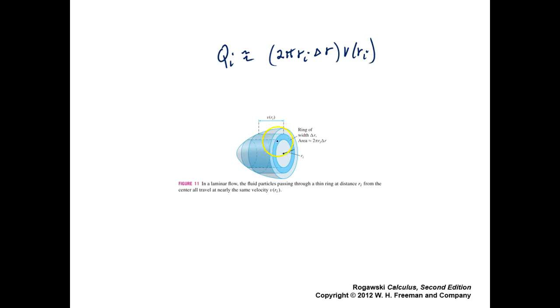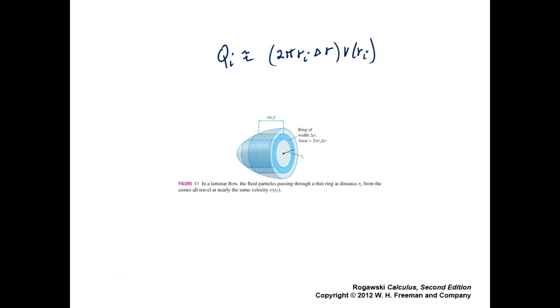So it would be that area times that velocity. All right, 2 pi r(I) delta r times v of ri. So v of ri is your velocity formula there.